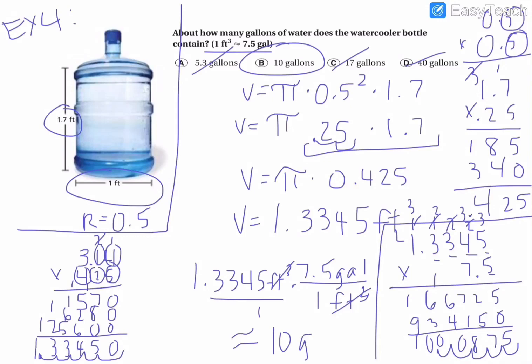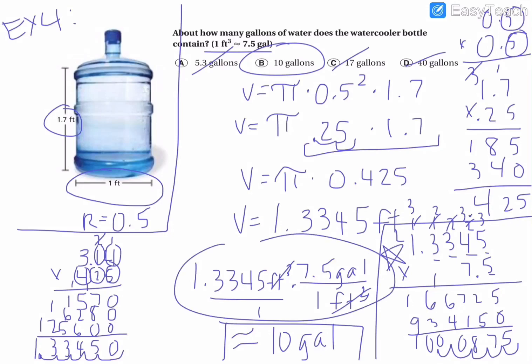And again, I know that that last step was probably kind of confusing. The only reason we had to go through this last thing right here was because we were in feet cubed and they wanted it in gallons, so we converted right here using this measurement that if 1 foot cubed is about 7.5 gallons, we just multiplied 7.5 gallons by what we got as our answer. So that's approximately 10.